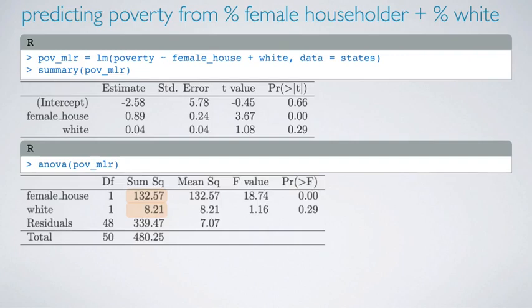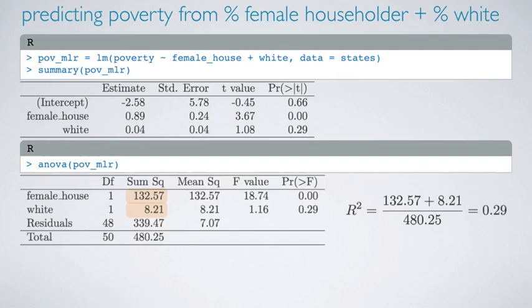So if we wanted to calculate R squared based on this output, keeping in mind that R squared is the percentage of variability in the response variable that is explained by the model, and in this case our model is comprised of two explanatory variables, we could calculate that as 132.57 plus 8.21 to get us the total explained variability in the model, divided by the total variability in our response variable, which comes out to be roughly 29%.